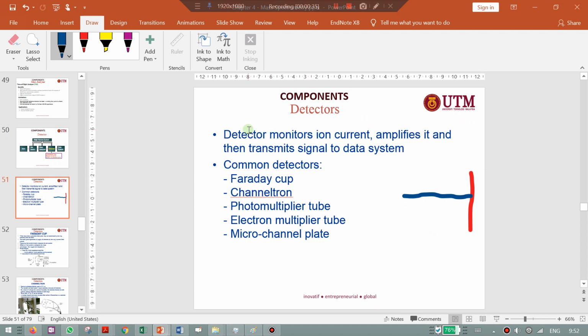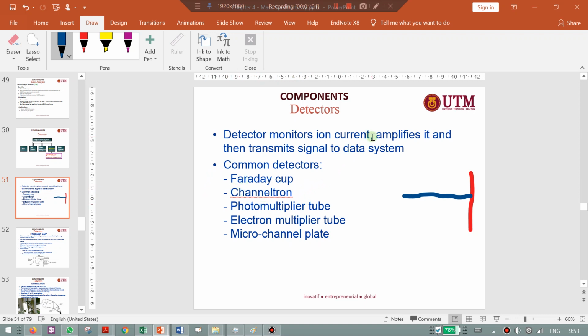The function of the detector is to monitor ion currents, amplify them, and then transmit the signal to the data system. Among the common detectors are the Faraday cup, channeltron, photomultiplier tube, electron multiplier tube, and micro channel plate. I am not really sure about two of the others, but for the other three here, we will look into them.